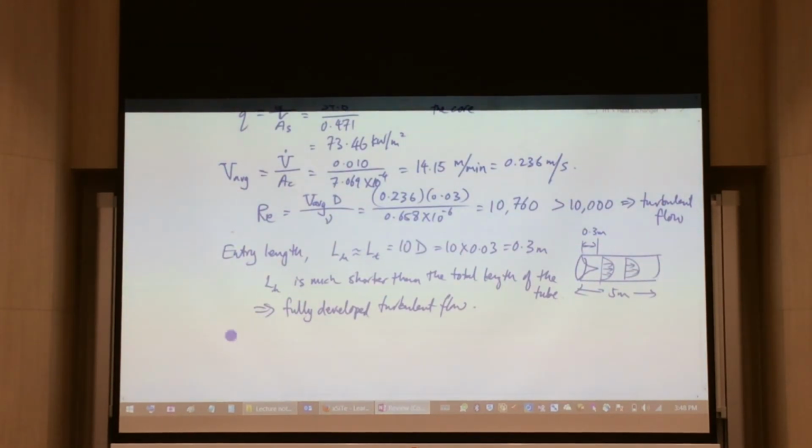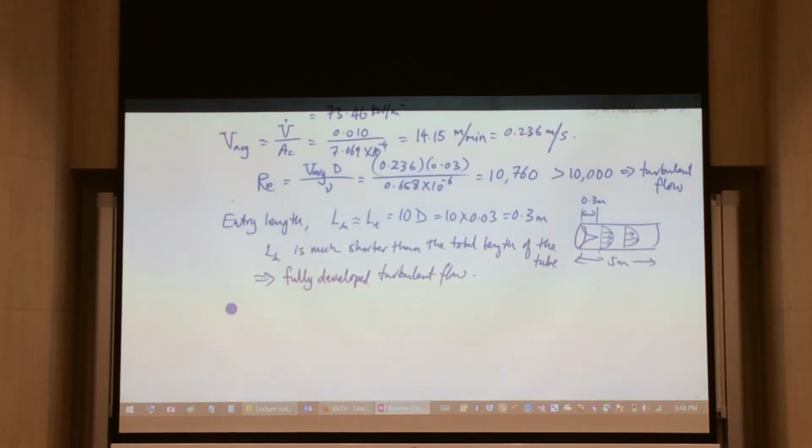So with that, then we could figure out what is our Nusselt number. That one is equal to hD divided by k. And we're going to make use of the Nusselt number correlation that is 0.023 Re^0.8 Pr^0.4.